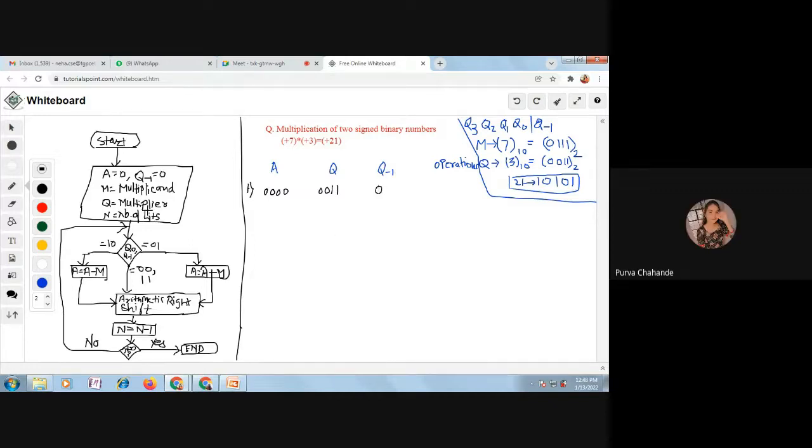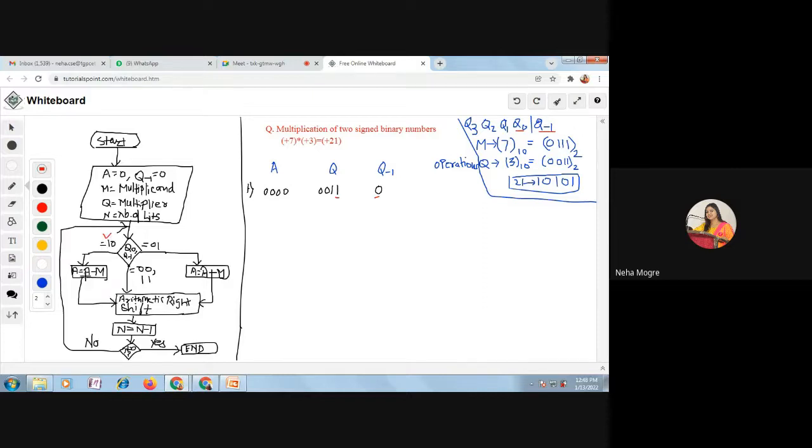Now we are going to check the values of Q0 and Q minus 1. What is the Q0 value here? 1. And Q minus 1 is 0. So when Q0 is 1 and Q minus 1 is 0, that means 1, 0, so this is the case.